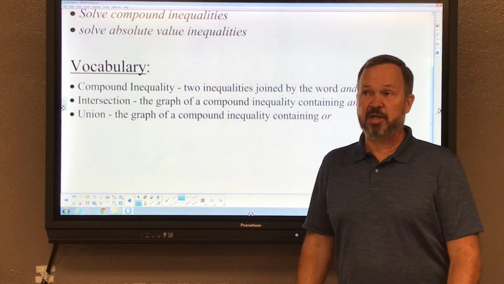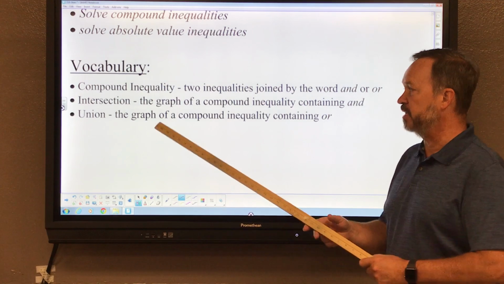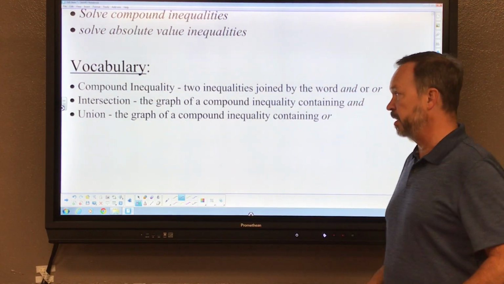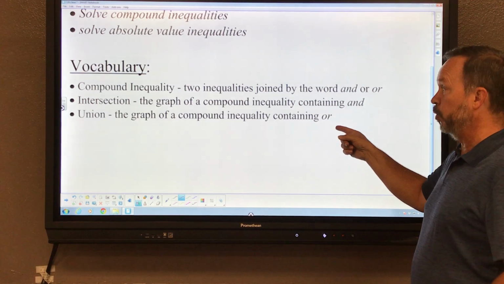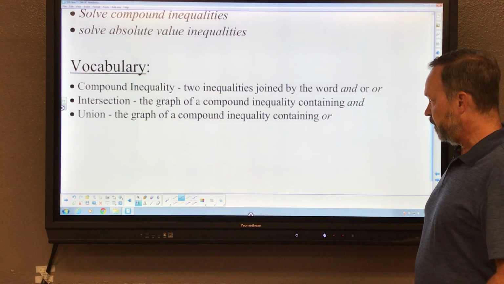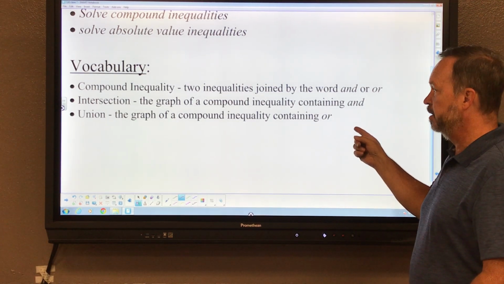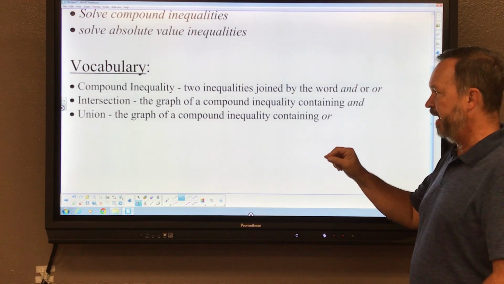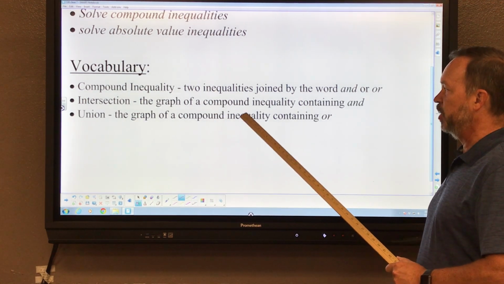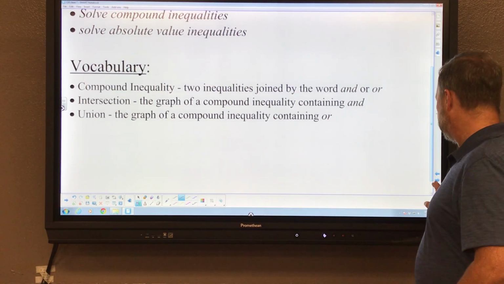So that's where this idea of intersection and union comes in, depending on the word and or the word or. Intersection is and, union is or. We'll see how that connects with this compound inequality graphing that you see in here.